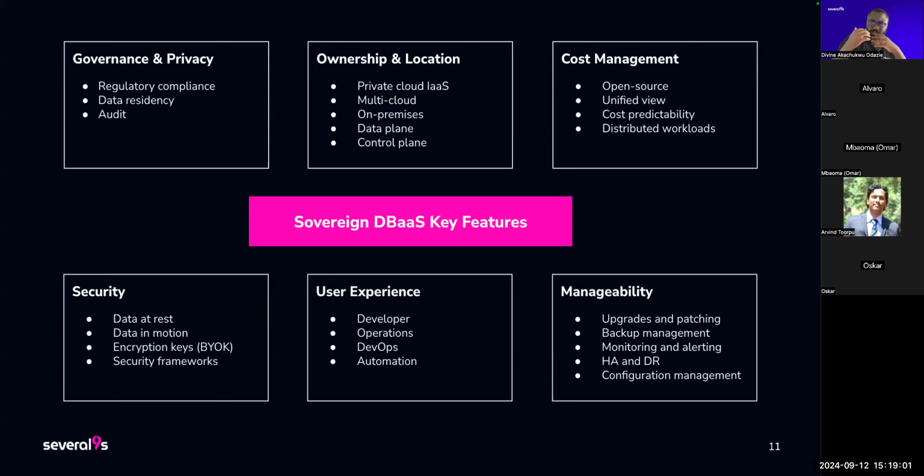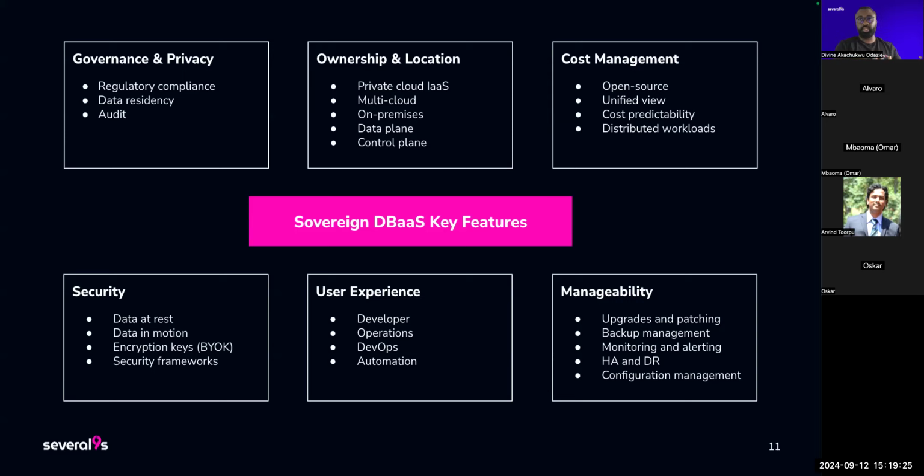Then also a single pane of glass that provides a unified view across these environments. Because when you have database clusters deployed on different environments, if you want to make changes, make upgrades, perform an action or perform replication, you have to go to each environment, and that requires manual effort.